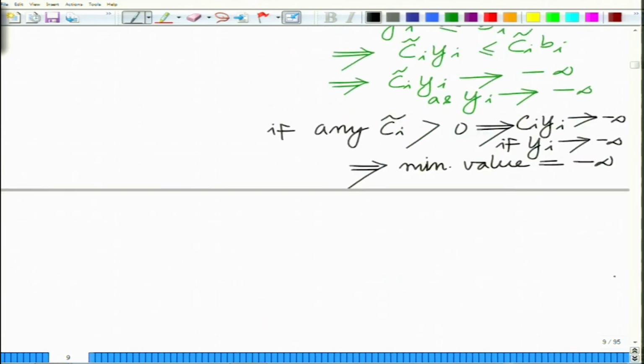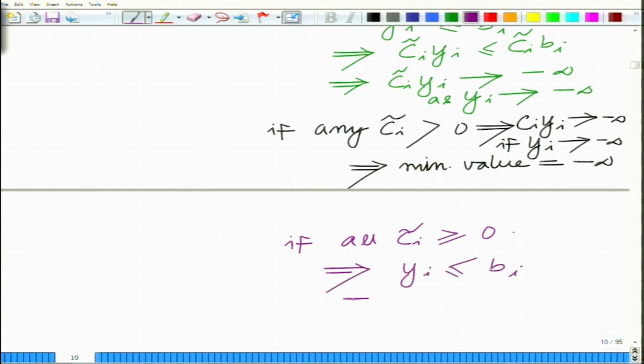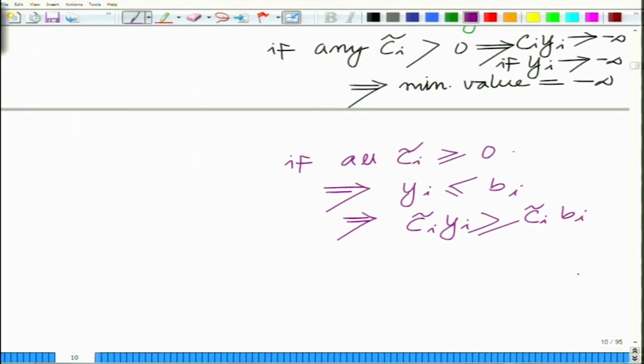Now, if all C i tilde are less than or equal to 0, you observe that y i less than or equal to b i implies, because C i tilde is negative, C i tilde y i is greater than or equal to C i tilde b i. So, the minimum occurs for C i tilde b i.